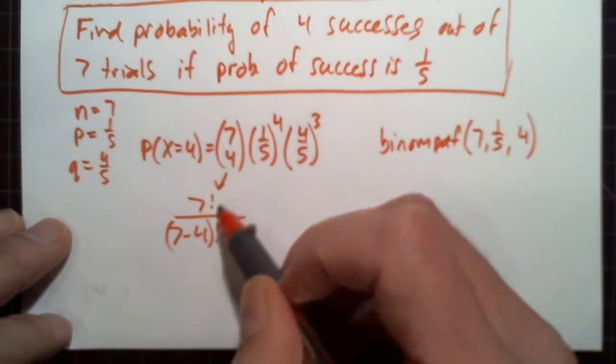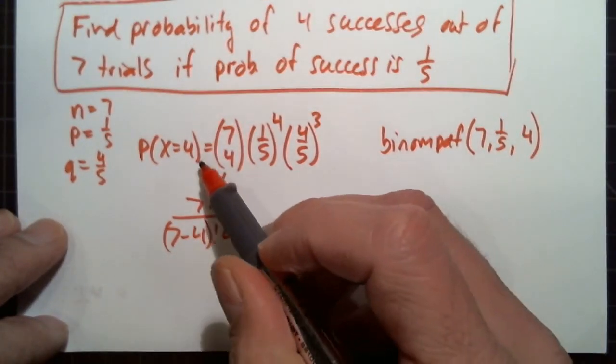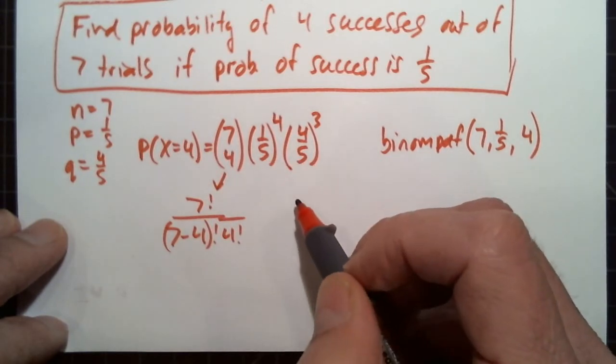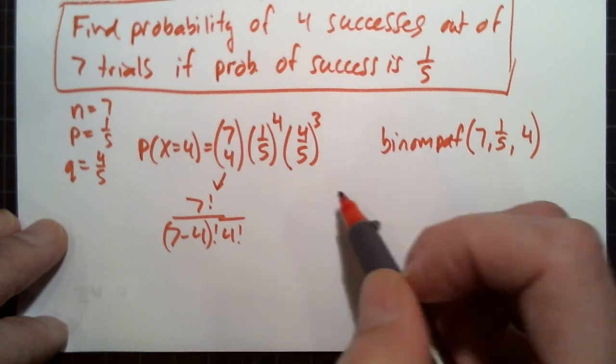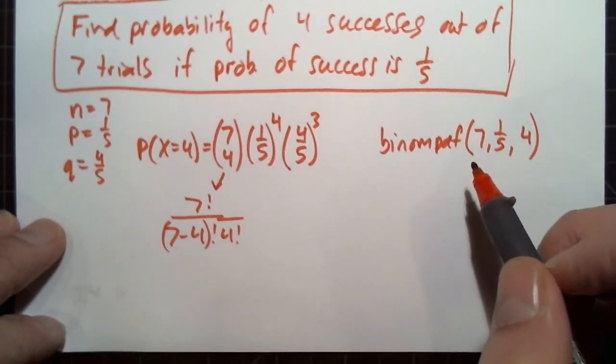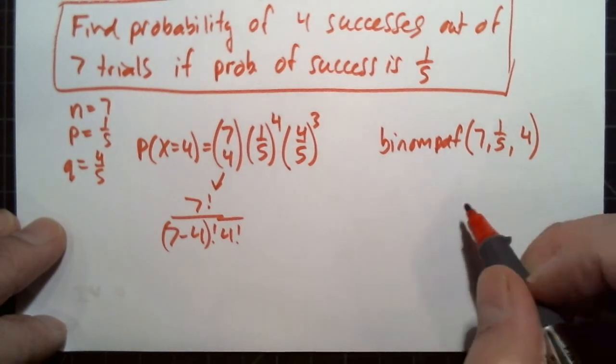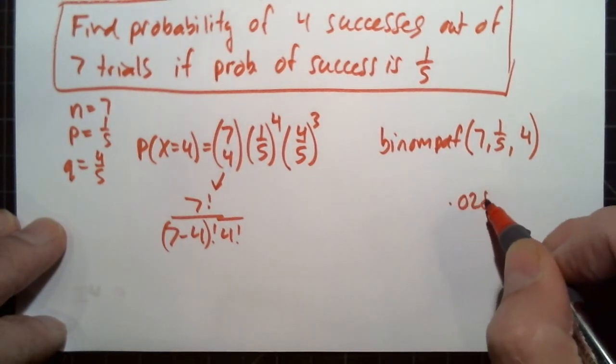So that's what that means. We have that to review, and then we can just calculate. I guess that would pretty much be a calculator problem anyway. But if we have a graphing calculator, we can do it this way, and we should get 0.028.